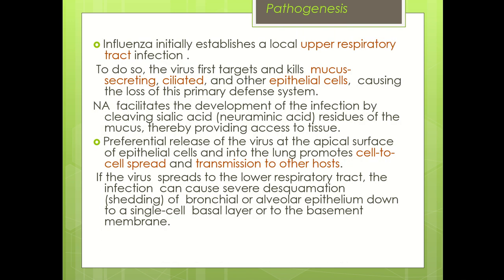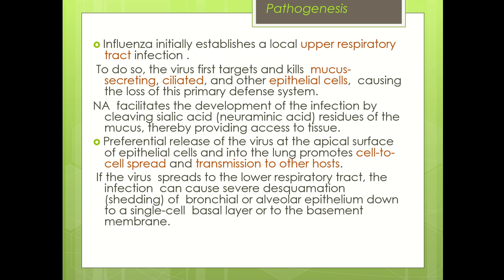So influenza initially establishes a local upper respiratory tract infection. To do so, the virus first targets and kills the mucus-secreting ciliated epithelial cells, causing the loss of this primary defense mechanism. It attacks the innate immune component, the anatomical barrier.